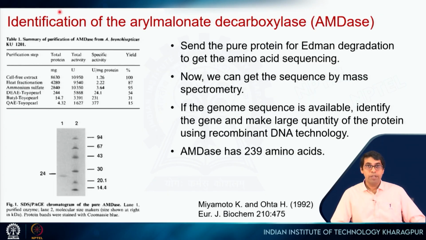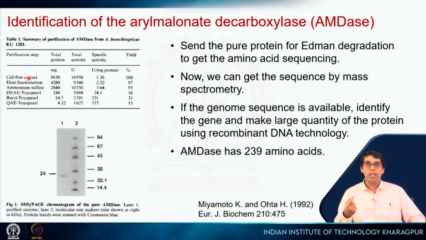So, how did they identify this enzyme? They call this enzyme aryl malonate decarboxylase or AMDase, right. So, what they did was they cracked open the bacteria, and you have all this cellular debris.